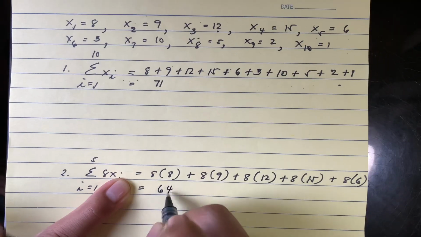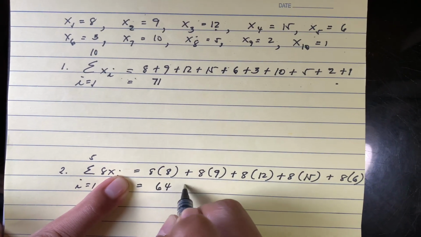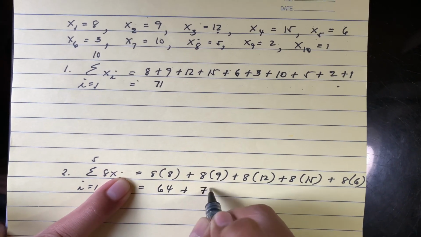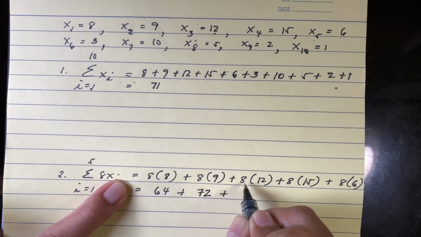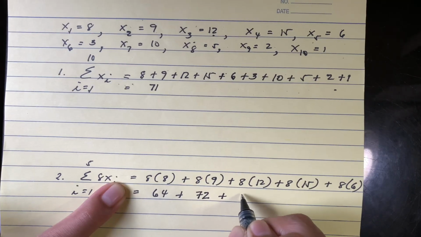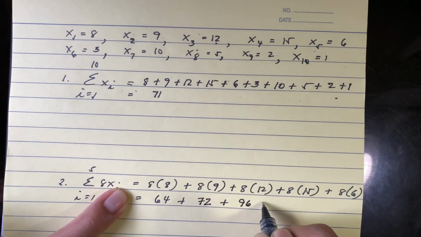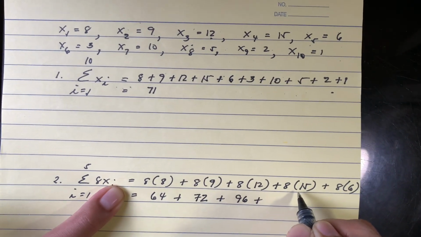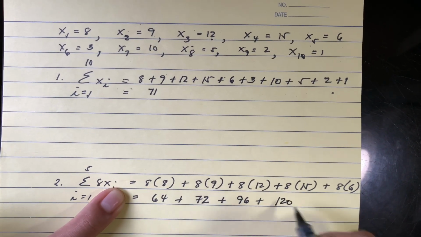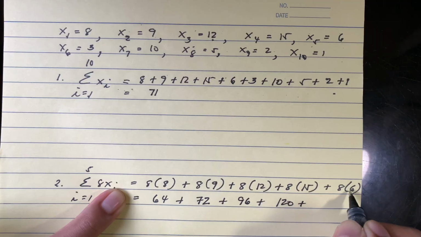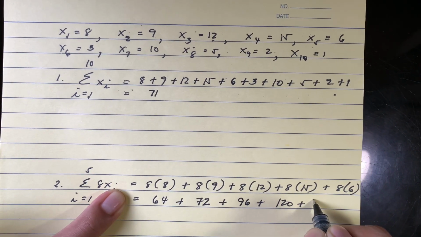We have 64, that is 8 times 8, plus 8 times 9, that is 72. Then 8 times 12, that is 96, plus 8 times 15, that is equal to 120, plus 8 times 6, that's equal to 48.